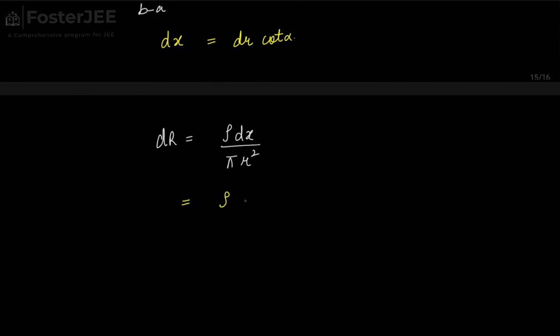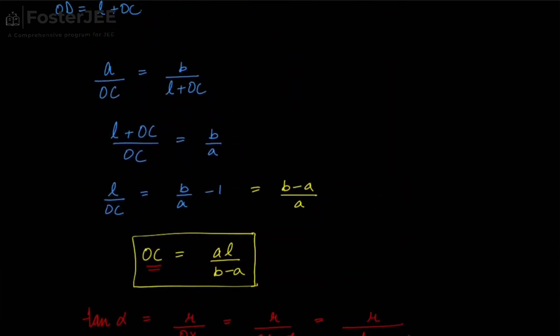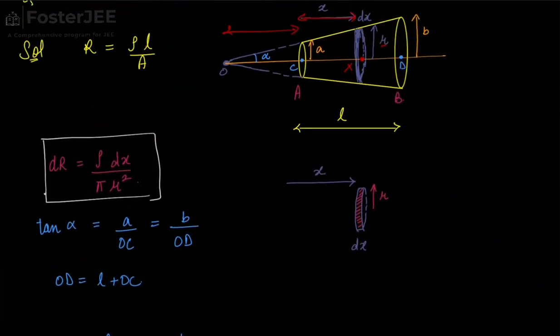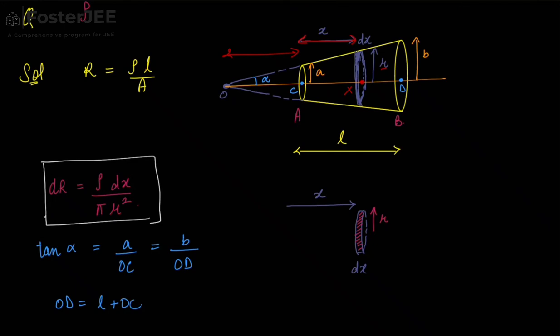So this becomes rho into cot alpha upon pi dr upon r square. Simply integrating this equation, we have to cover all the elements. Now when the element was at this position, that is x equal to 0, what will be the radius of that disk?